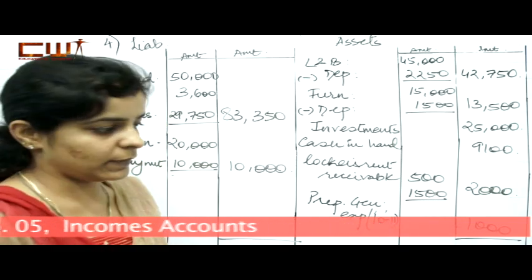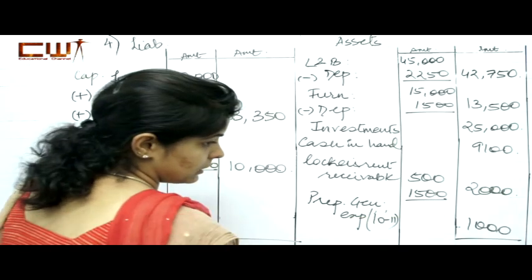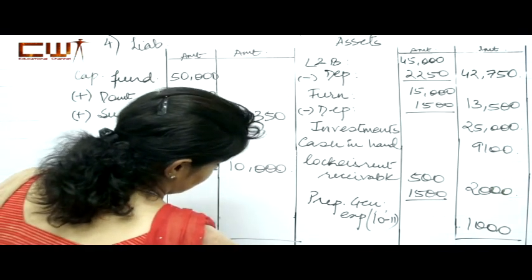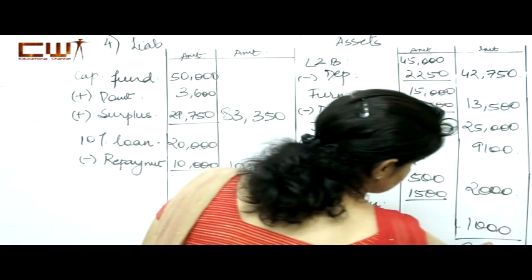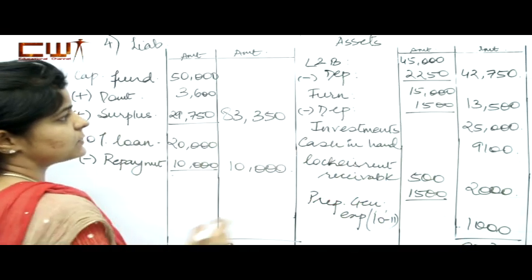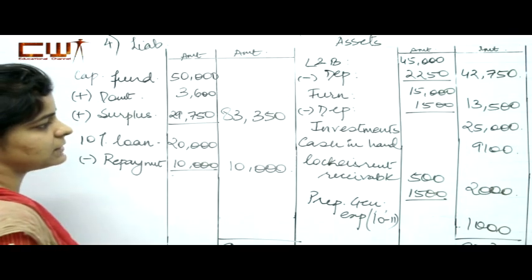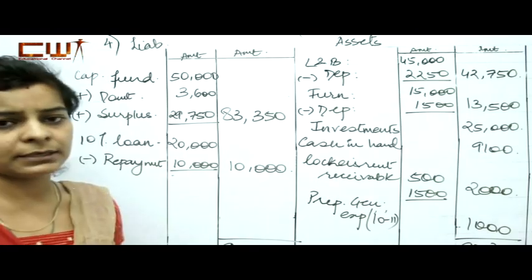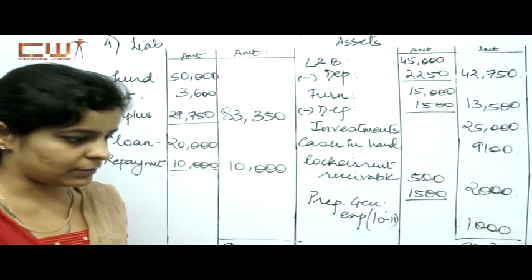Just add up and you will get 93,350 as the total of both the sides. If it's not matching, there is something you are missing. Both the sides will be equal, that is liabilities are always equal to the assets. So this is your liability and asset account, and question number 4 is completed. We'll move on to the fifth numerical.